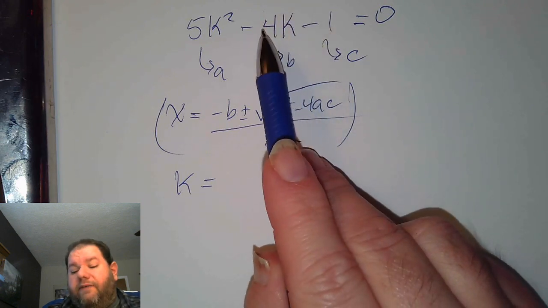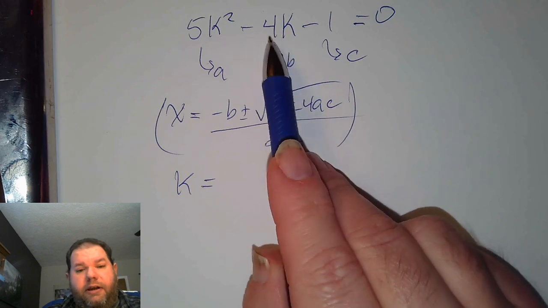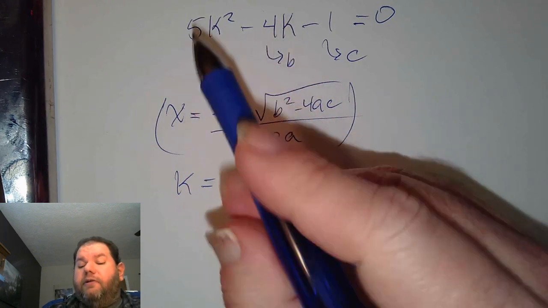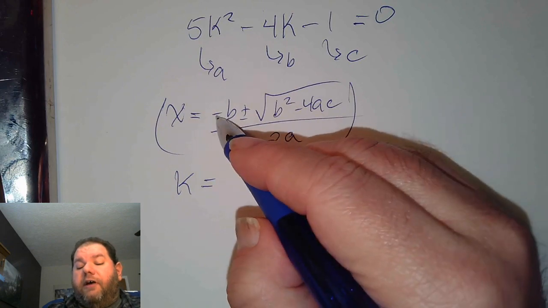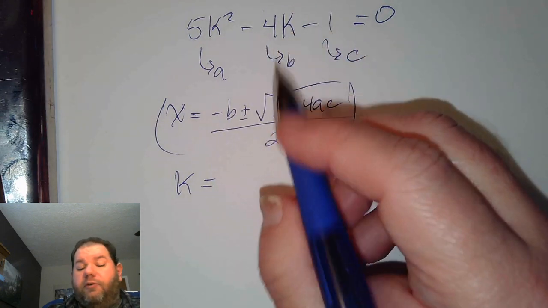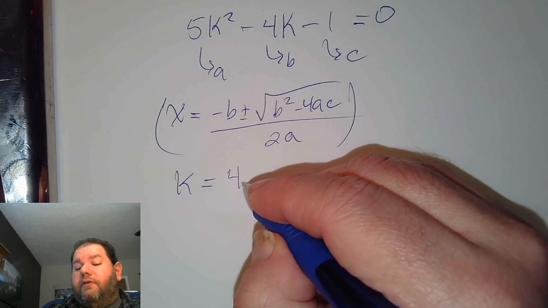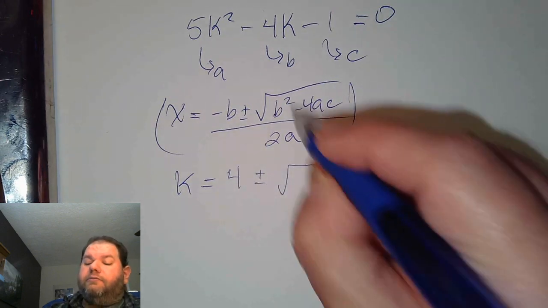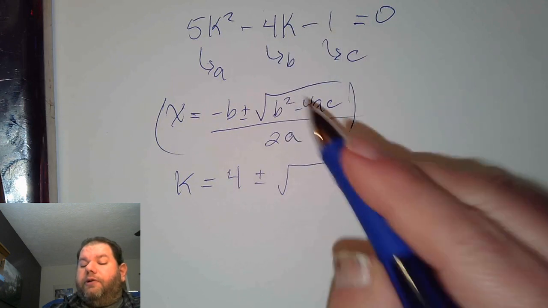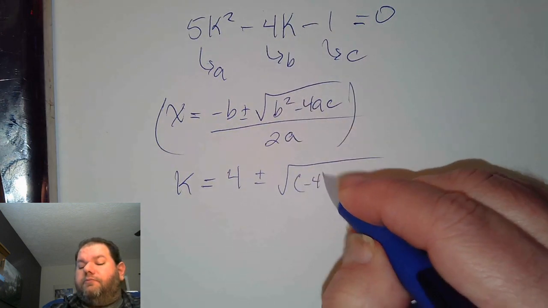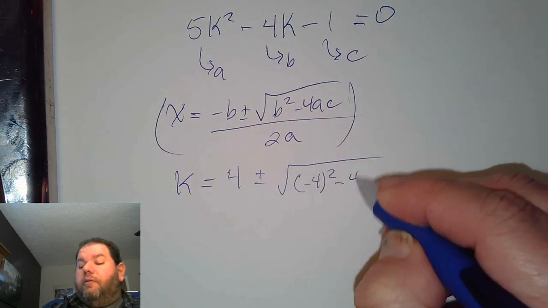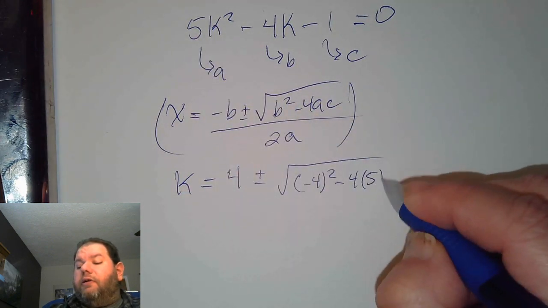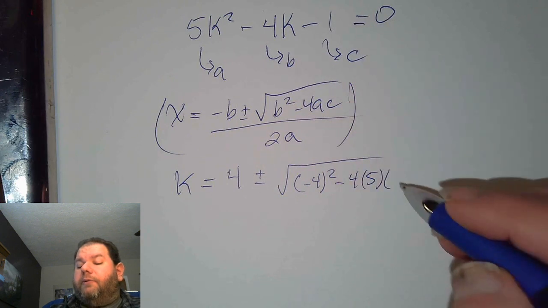Now we take negative b, so b is already negative 4, so another negative would make that a positive. Basically, think of it as the opposite of b. That might be an easier way to go with that. So 4 plus or minus the square root of negative 4 squared minus 4 times a, 5, times c, minus 1.